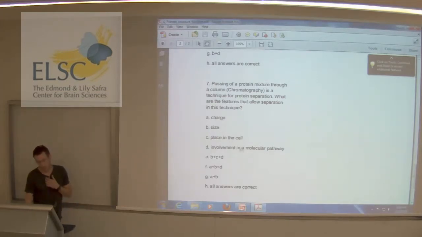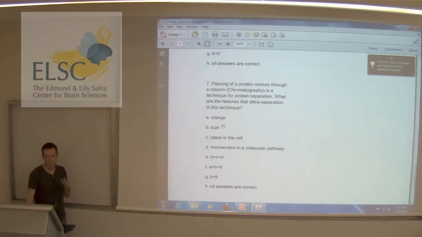And placing in the cell and involvement in a molecular pathway, well, it's kind of a tricky question again, because sometimes proteins that are localized in the same compartment in the cell would have a similar domain or a similar motif, and then you can think about an antigen that will grab these proteins with high affinity and will isolate them from other proteins.